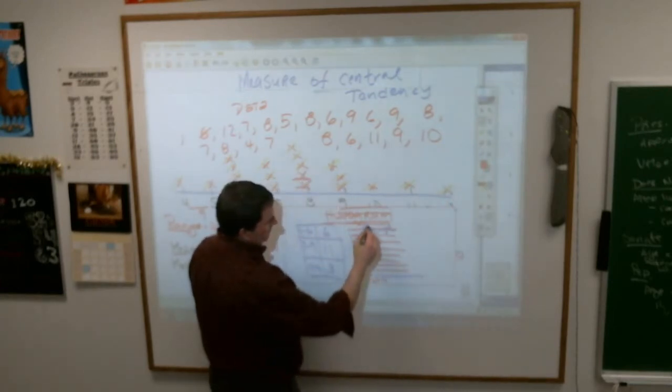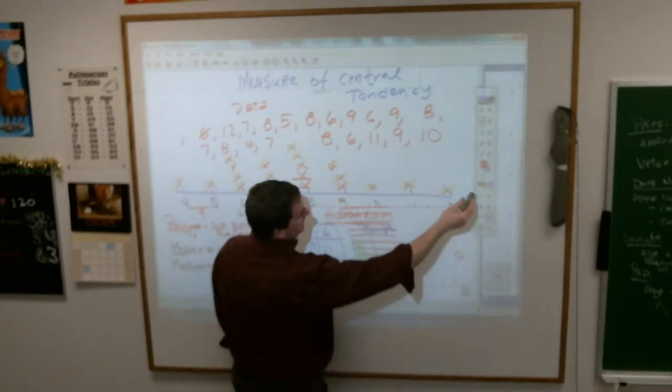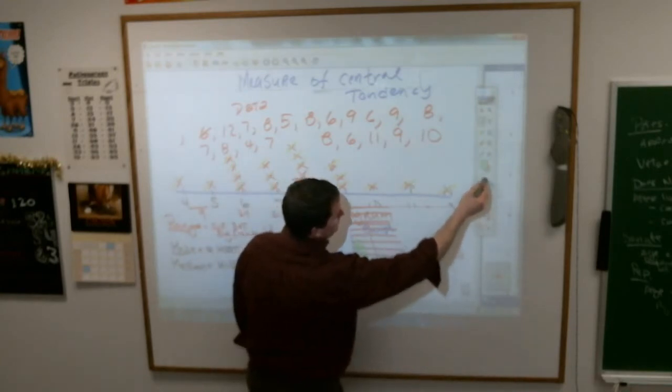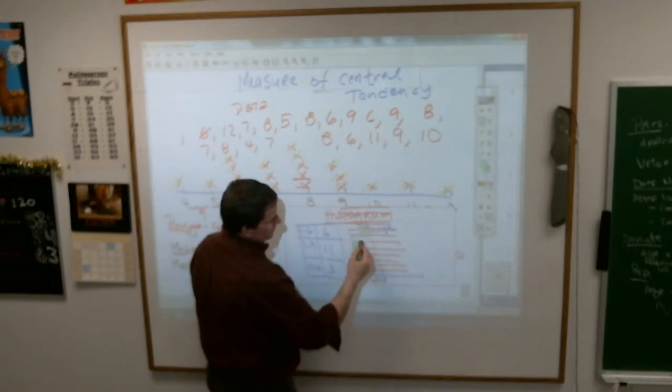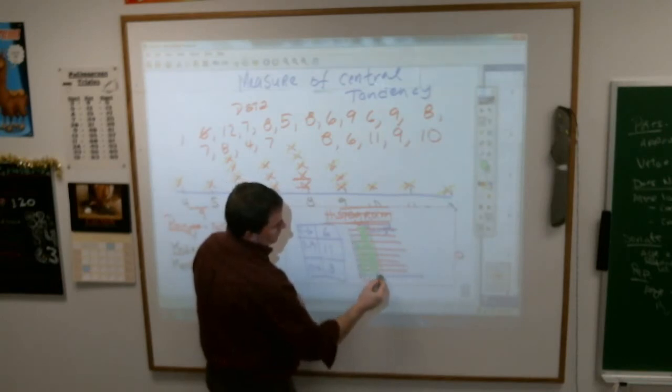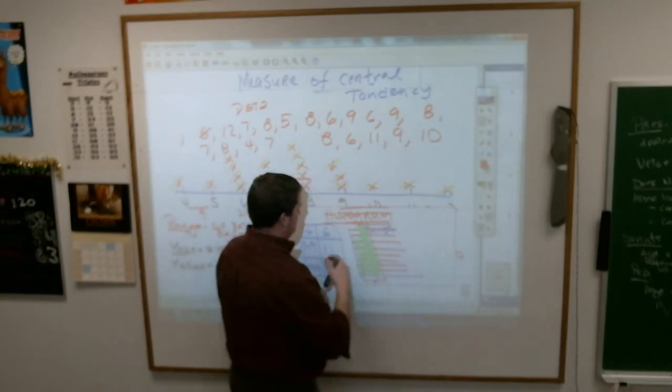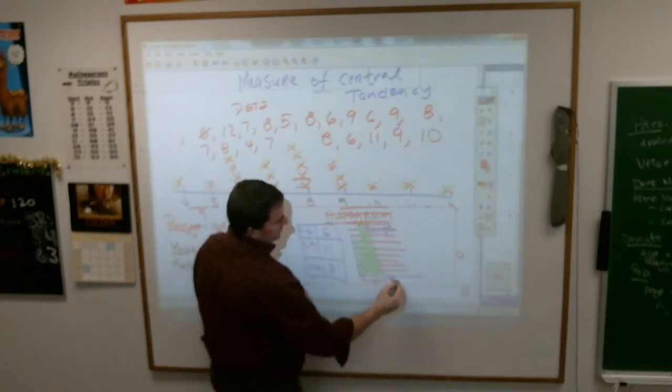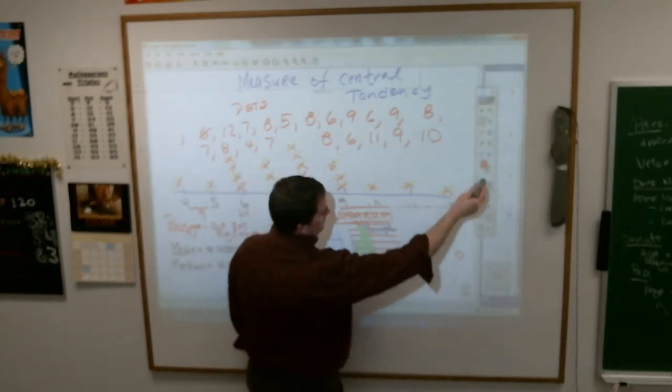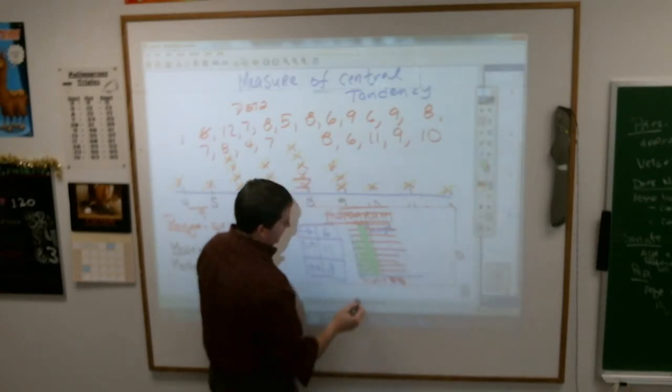Color that in all the way up to 11. Sorry, messed up. And then the last one is my 10 to 12 range, which is just a fiddly 3 people.